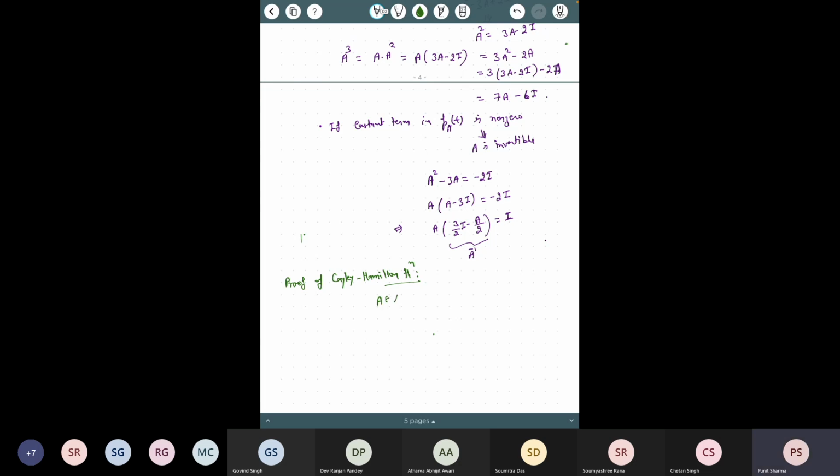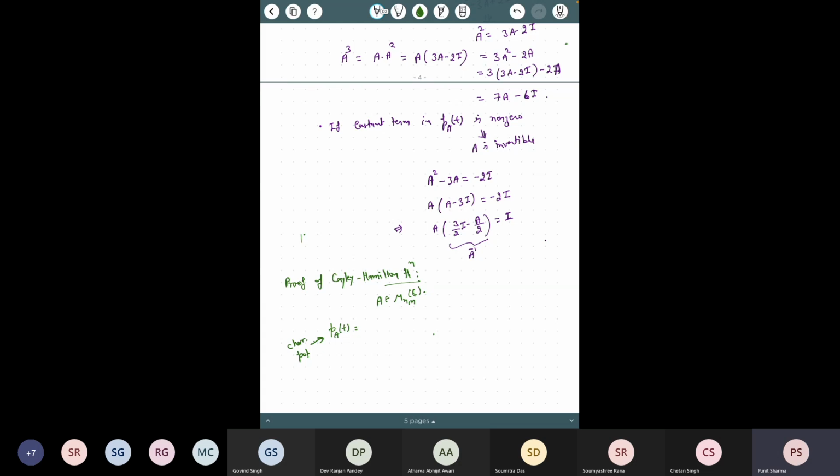We are given a matrix A of size n cross n, and we are also given the characteristic polynomial of A. Since this is a matrix over C, the characteristic polynomial is a polynomial of degree n over C.